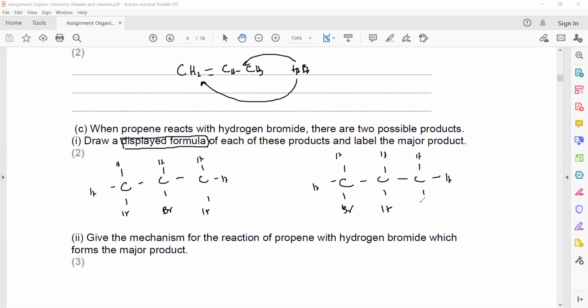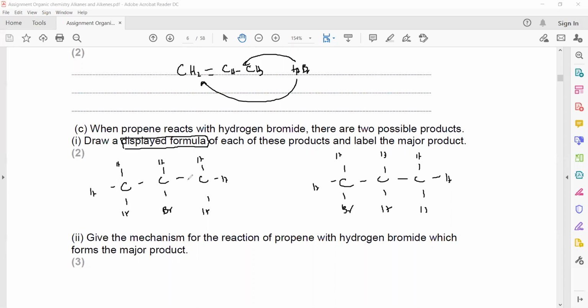Which one do you think is the major product and which one is the minor product? Which one is the major product? 2-bromopropane or 1-bromopropane? So 2-bromopropane is the major product.